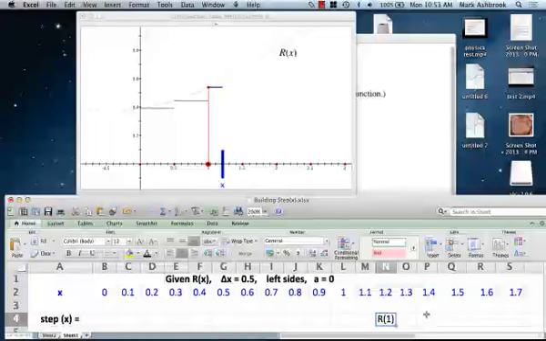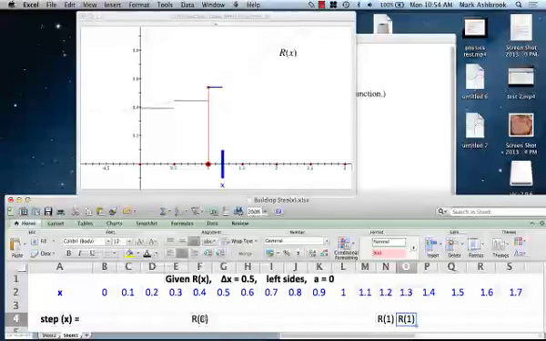Okay, so now what about R of 0.4? Or step of 0.4. Step of 0.4 is R of 0.5. Agree with that? Kevin, what do you think? R of 0. Austin, yeah, R of 0. Okay? Step of 1.3. R of 1.